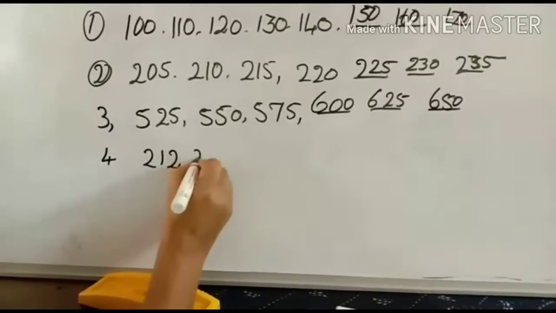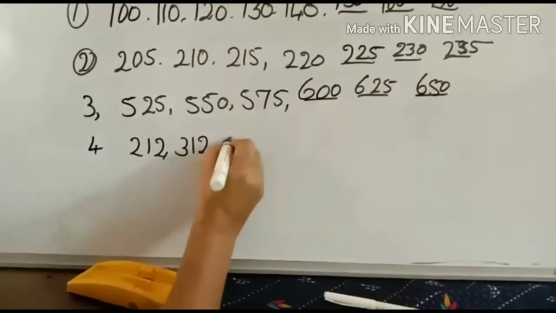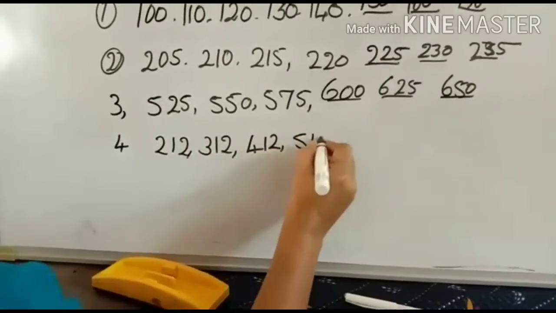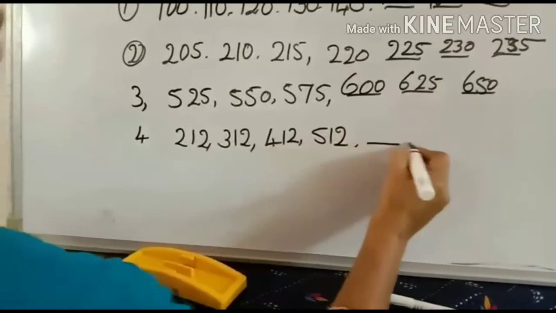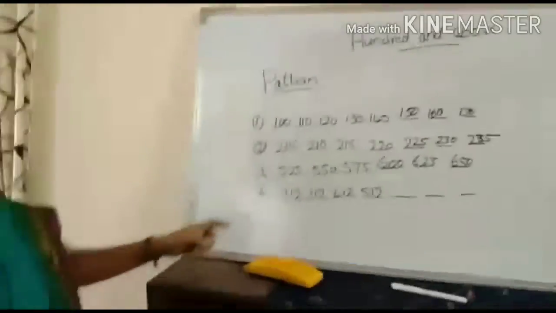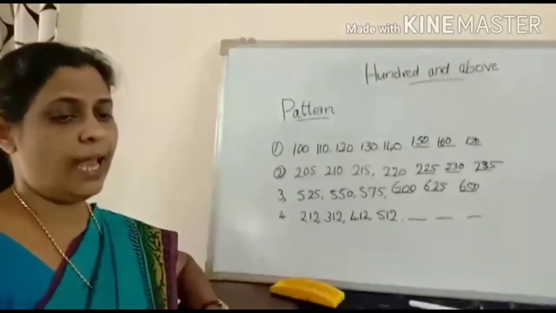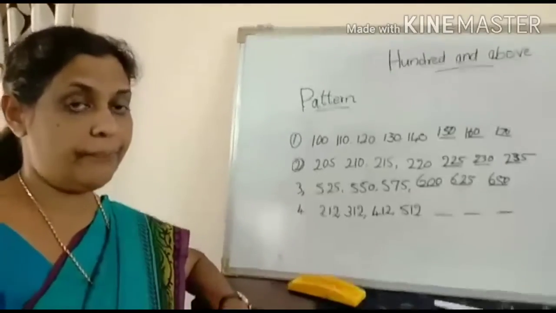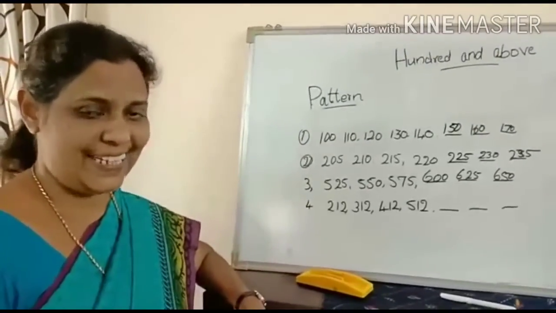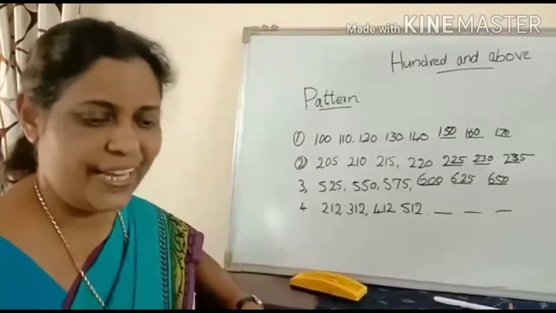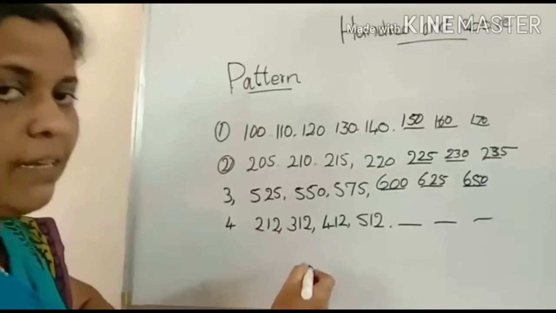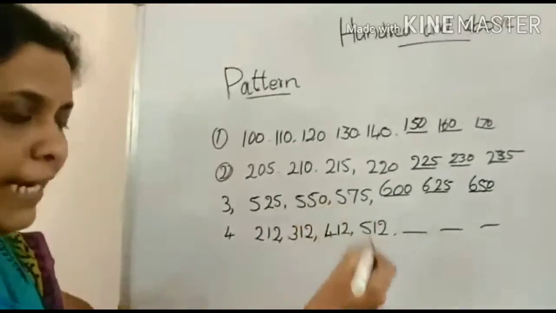Fourth one: 212, 312, 412, 512, dash, dash, dash. What is the difference between 312 and 212? 100, isn't it? Yes or no? Yes. See, 212, 312, 412, 512.